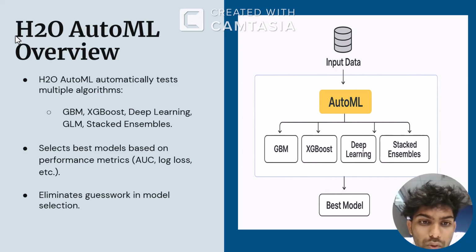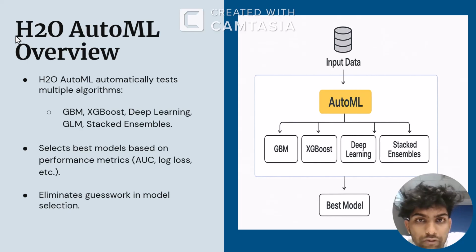H2O AutoML automatically tests multiple algorithms, and the algorithms we used in this one are GBM, XGBoost, Deep Learning, GLM and Stacked Ensemble. Like I said, it selects the best model based on performance metrics, basically the AUC score, the loss, validation test score, and the RMSE and those kinds of things.